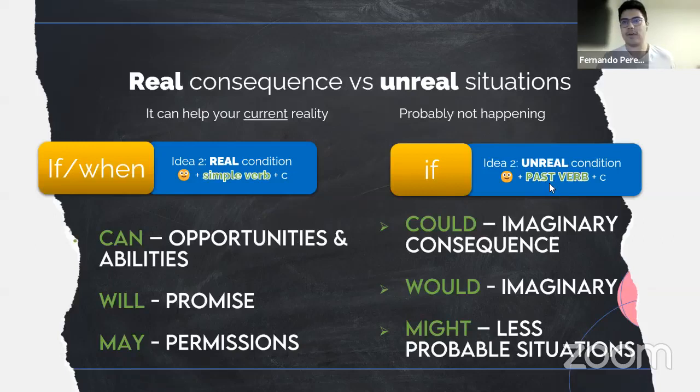What is the past of go? Went. Correct. Good idea. What would you do if you went to Canada? Okay. I would see snow if I went to Canada. That is correct.